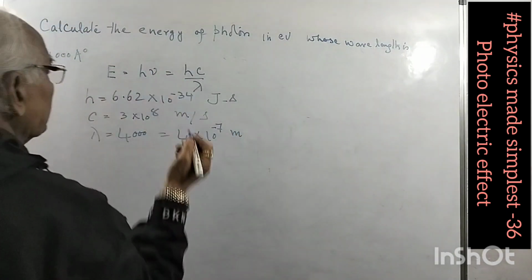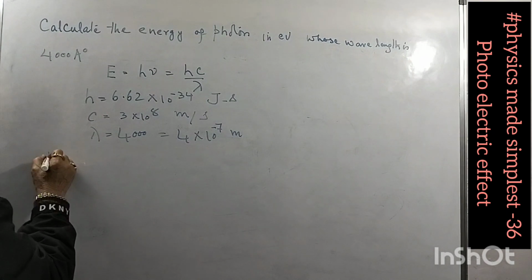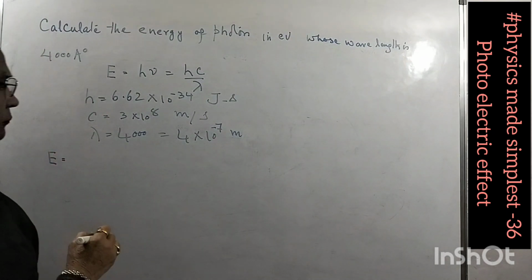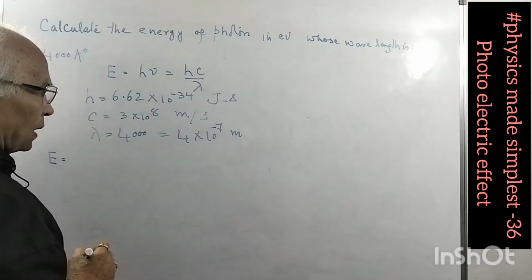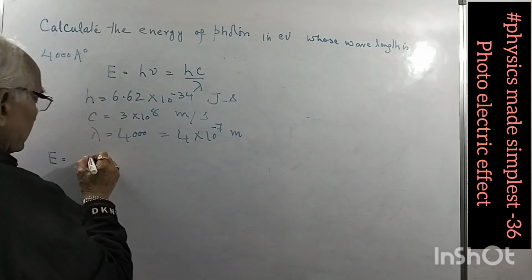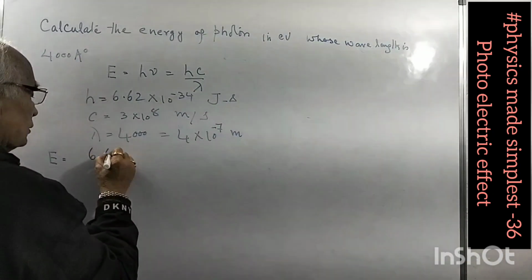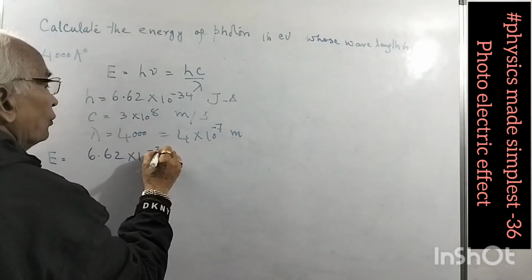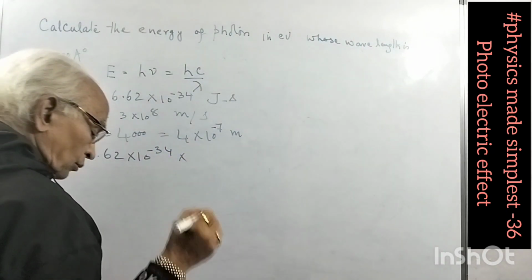So you can put all this, you can get energy E. You get the energy as 6.62 into 10 to the power minus 34 into light velocity.